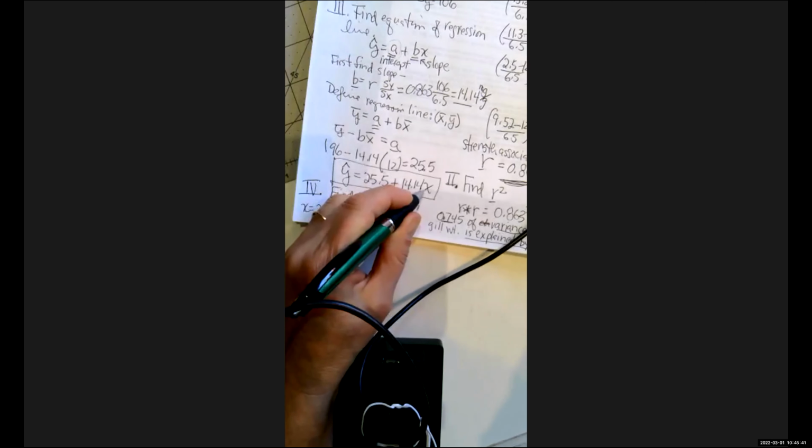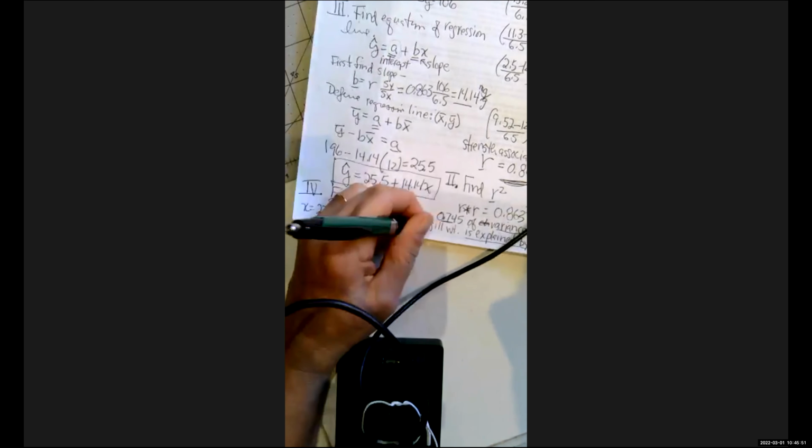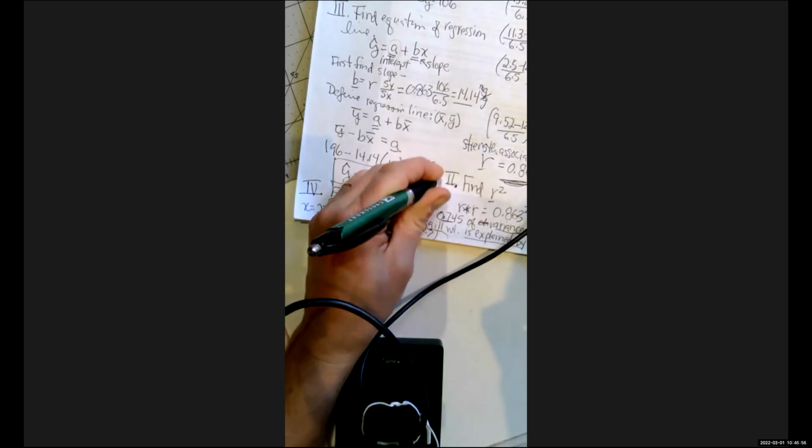All I have to do is substitute this x into my equation and calculate it. So that's going to equal 25.5 plus 14.14 times 22.7, pardon my paper. That's going to give me 245 milligrams.